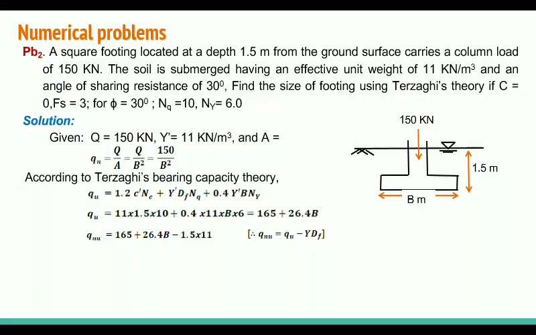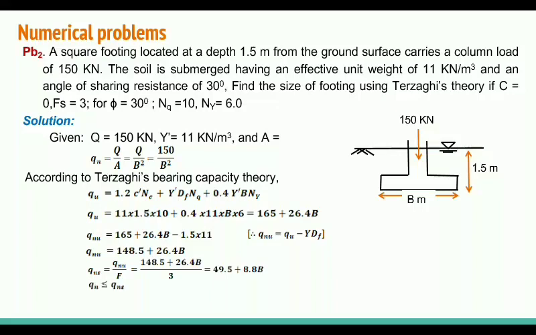So we get 148.5 plus 26.4 B. Now we can calculate the QNS, the net safe bearing capacity of the soil. By using a factor of safety of 3, we get 49.5 plus 8.8B.